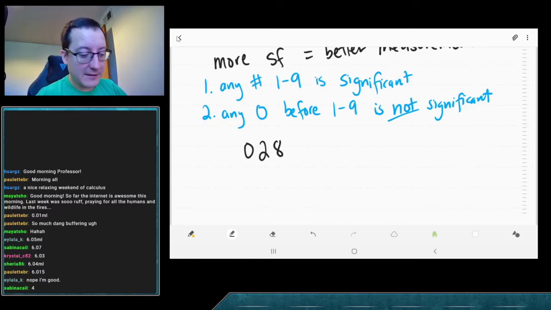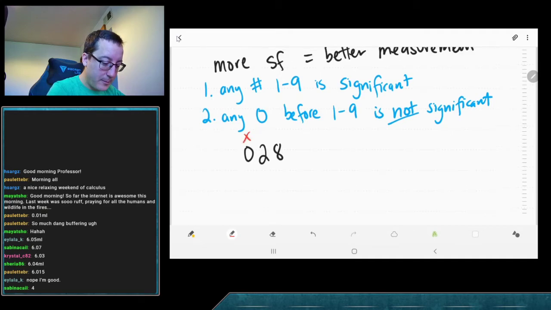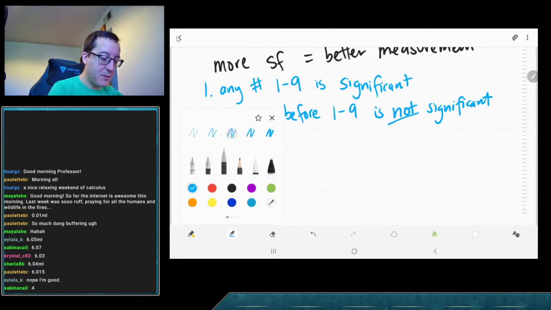And we would never say that because we already know in our minds there's no point to putting a 0 there because it doesn't matter. So this 0 does not count for our significant figures. Nope. However, these still will. So our number 28 still has 2 sig figs. Bit of a strange example, but let's do another one.